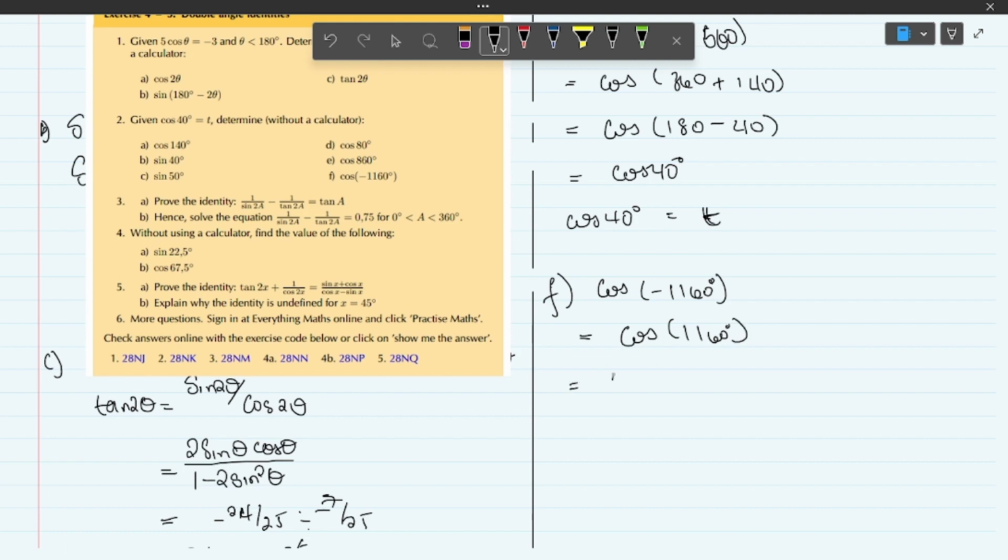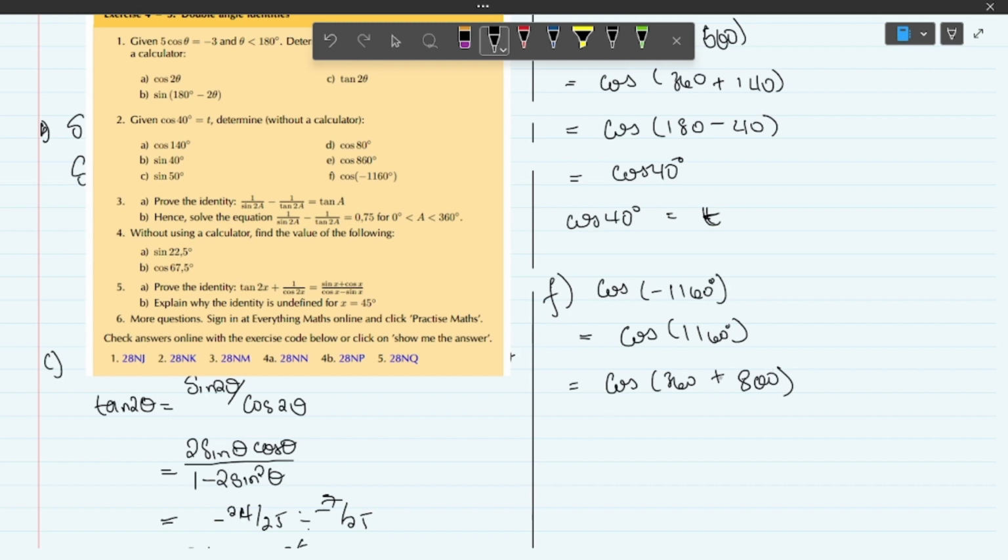So it's gonna be cos of 360 plus 800 degrees.